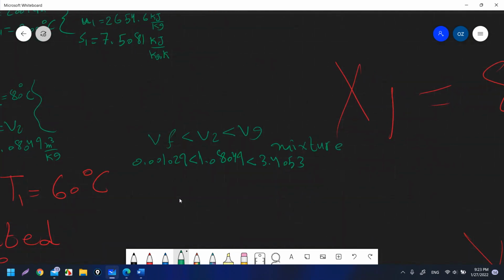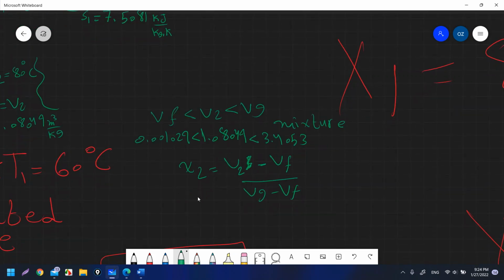For quality, X2 is equal to V2, the one that you already have, minus Vf over Vg minus Vf. And always Vf is on the right, the one that you have or the one that you want to calculate is on the left, and Vg always down on the left.